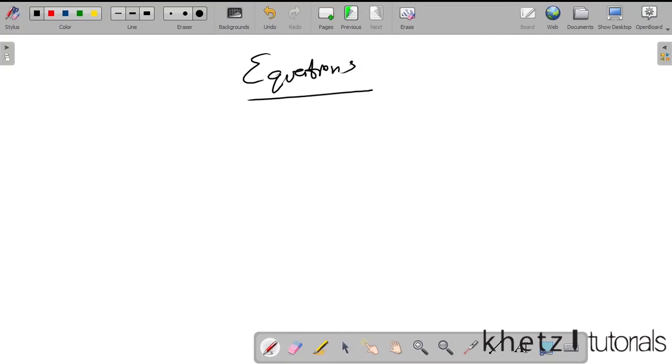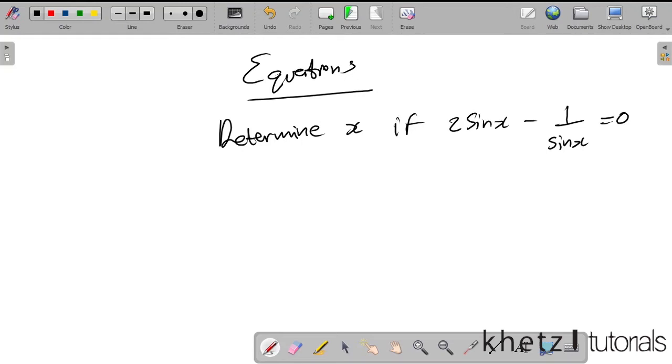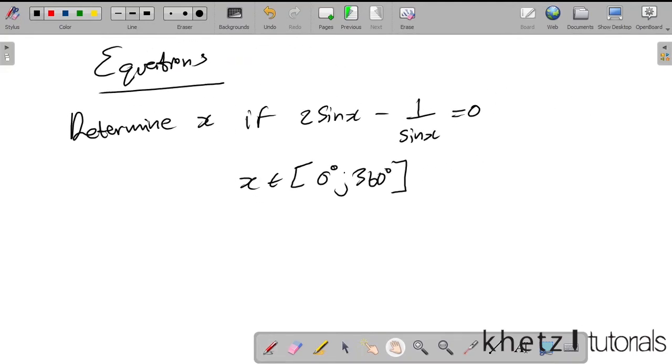So we are asked to determine x if 2 sine x subtract 1 divided by sine x is equal to 0, and we're given the following limits that x is between 0 degrees and 360 degrees inclusive. These are the restrictions that we're given, and we're asked to solve the given equation at the top, right?